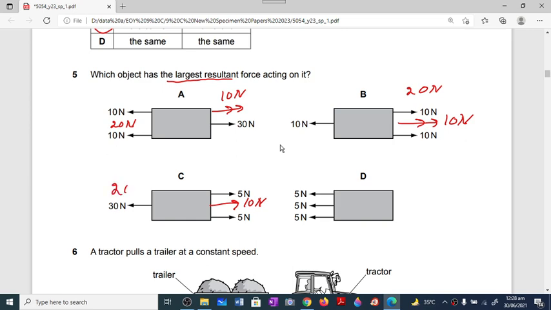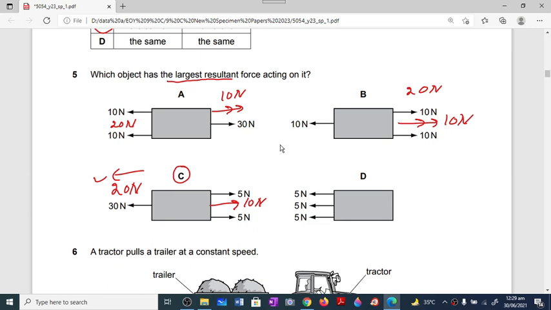So 20 Newton is the force which is acting on the left hand side, while in this the resultant force is always related with the forces which act in the opposite direction. So for question number 5, option C is the valid option because the resultant force acting is the greatest in this.